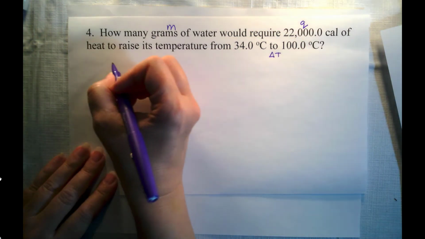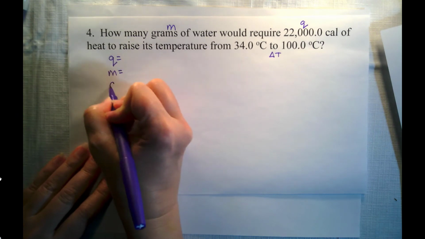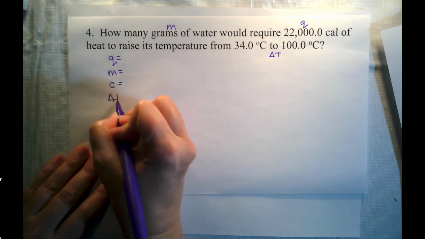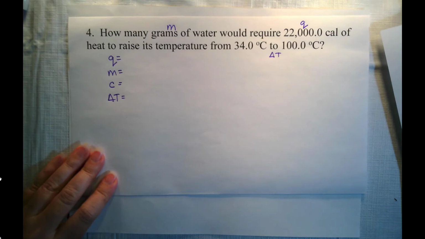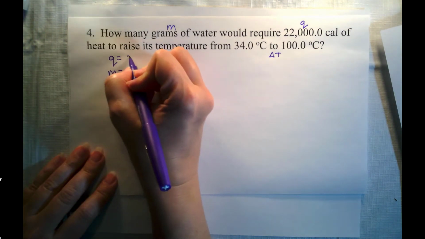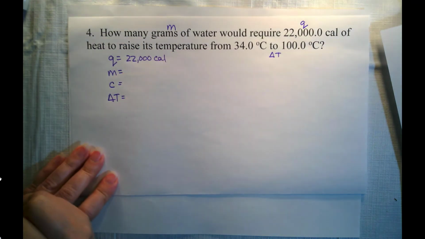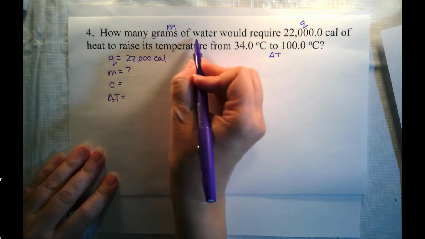Okay. You are welcome to do this again over to the side. Sometimes that can really help people out. So our Q is 22,000 calories. Our mass, we don't know. This is water again.